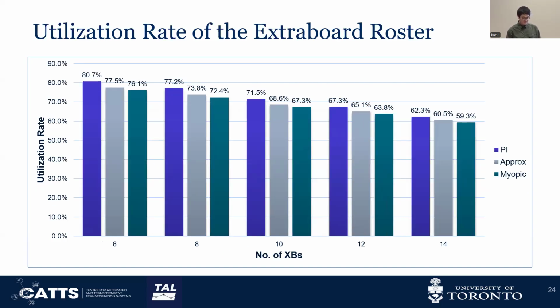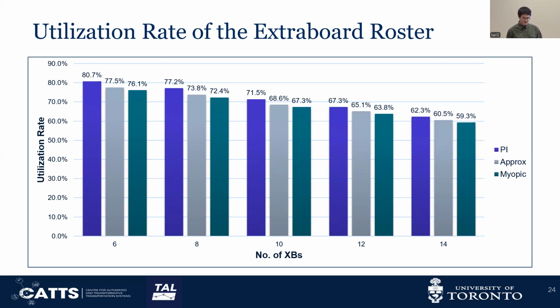And we also took a look at the utilization rate of the extra board roster. The utilization rate is defined as the total amount of productive work that extra board drivers are doing, divided by the total amount of shift they're assigned to.